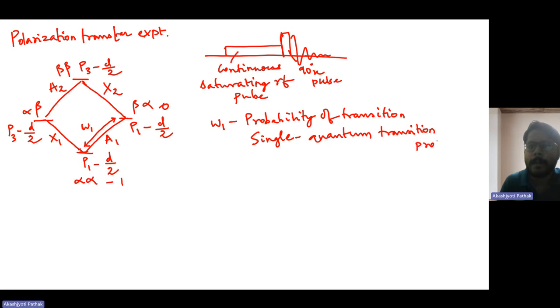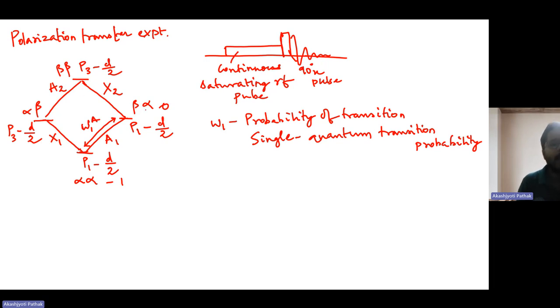Okay, and this transition is being seen in the A nuclear system, so in the superscript we write A. Similarly, if we look at the transition where beta alpha is changing to beta beta, here also the net magnetic moment is changing by 1.